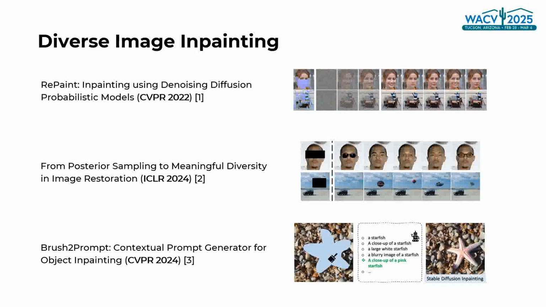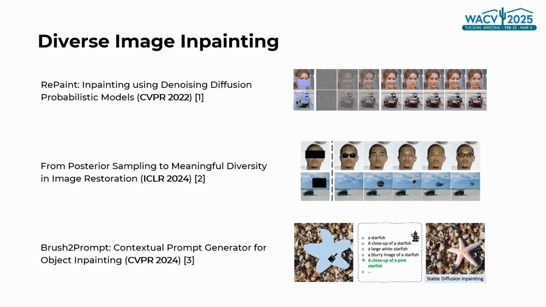In particular, diverse image inpainting has been tackled by different works. RePaint was one of the first adaptations using an unconditional diffusion model to obtain diverse image completions, leveraging the stochastic nature of the denoising process. In From Posterior Sampling to Meaningful Diversity in Image Restoration, the authors designed a strategy to steer multiple parallel denoising processes to get a certain number of completions that maximize diversity.